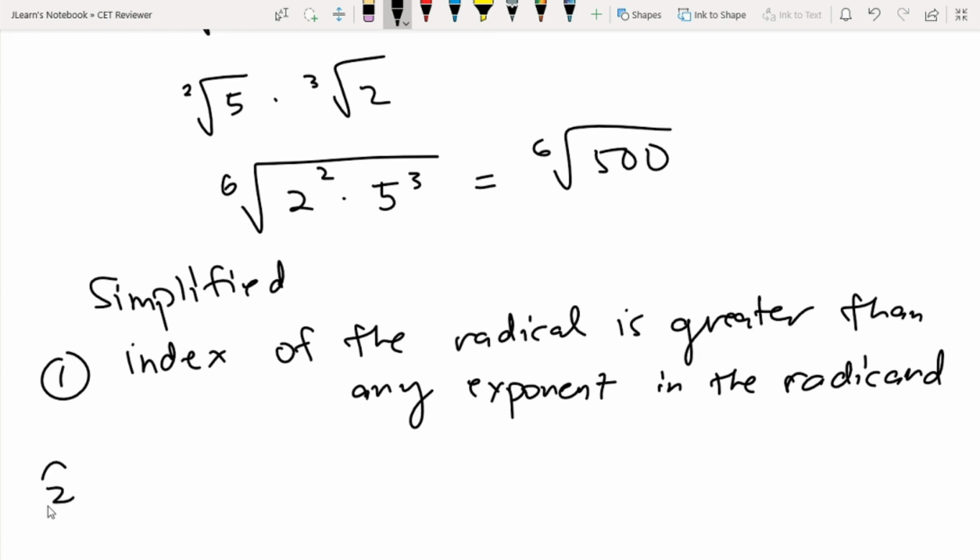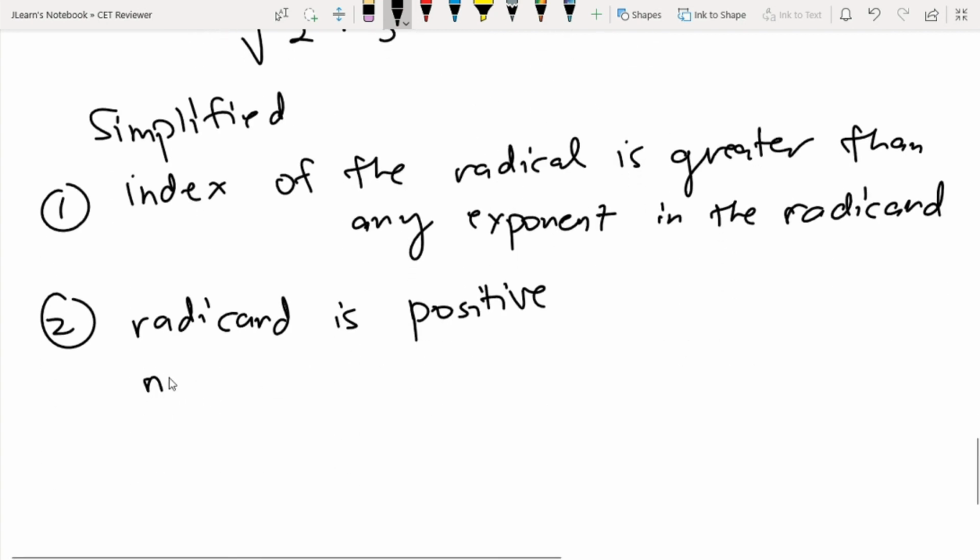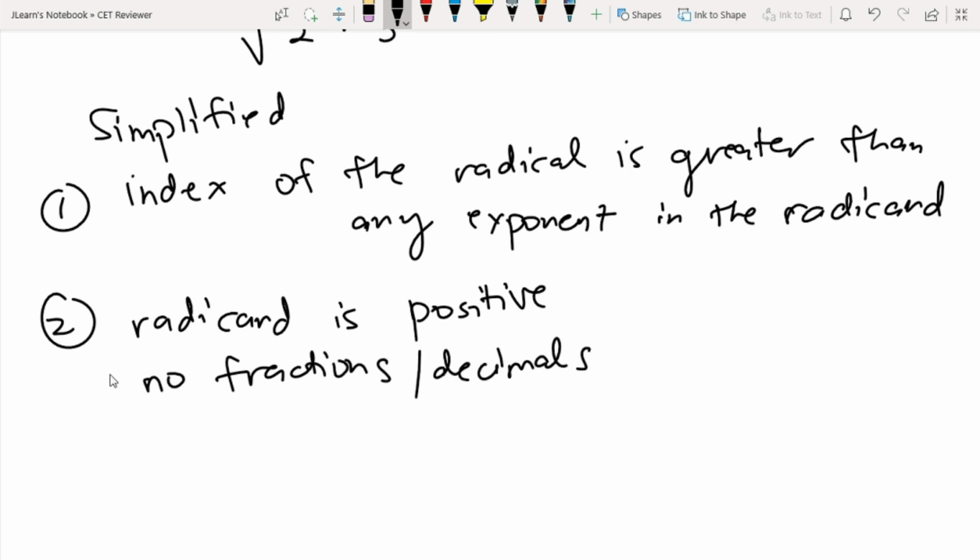Okay? Second is the radicand is positive. Okay? And dapat has no fractions or decimals.